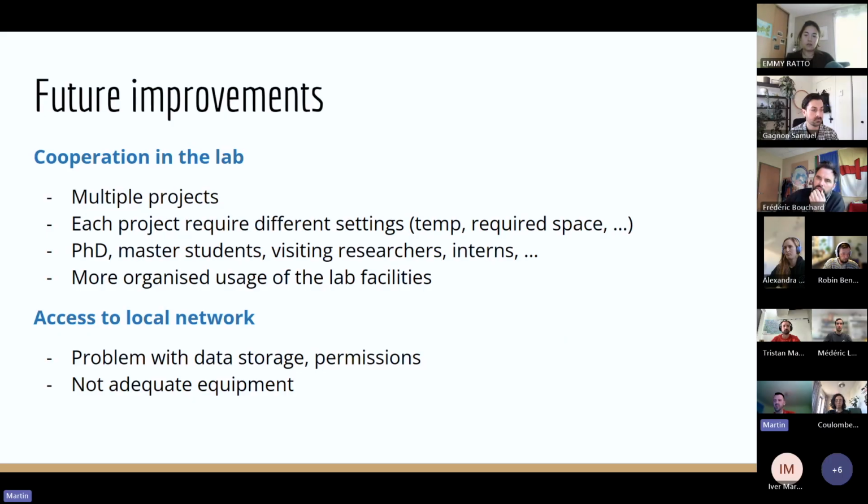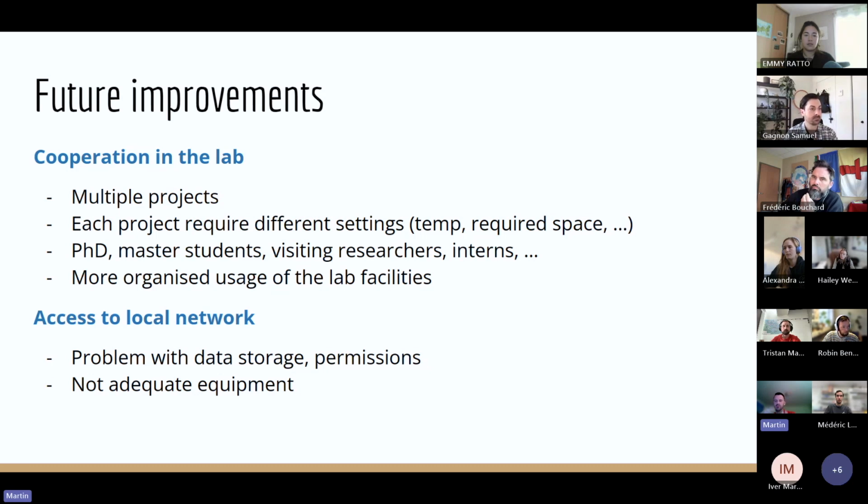So sometimes we needed, let's say, minus 30 degrees temperature, and another project requires minus 5 degrees. So it was really difficult to work together between different projects.